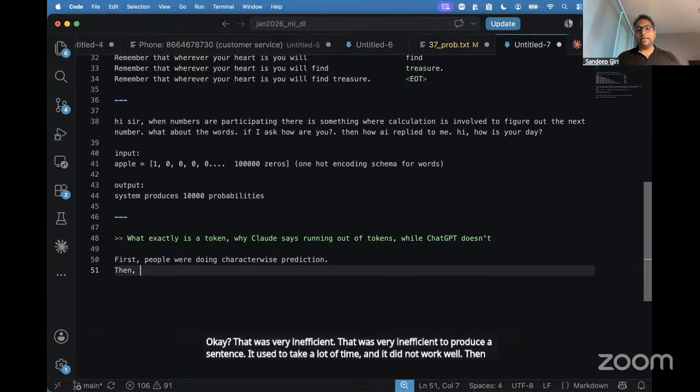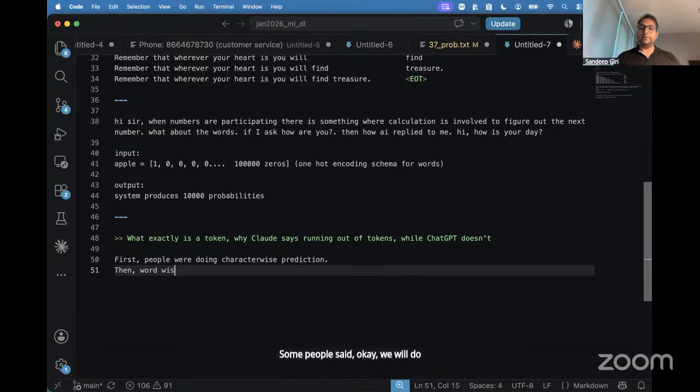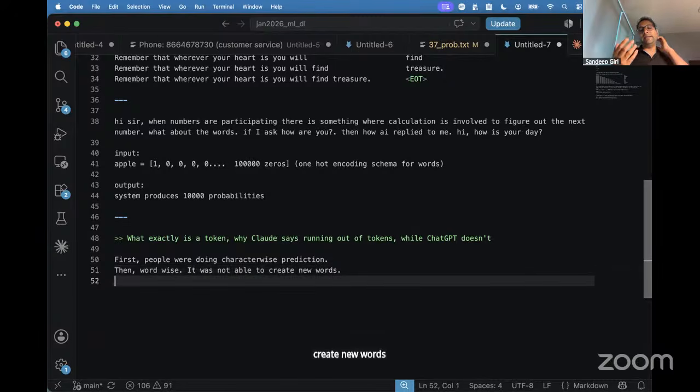Then some people said, okay, we will do word-wise, meaning the system will predict the next word to speak. The problem with word-wise was that it was not able to create new words.